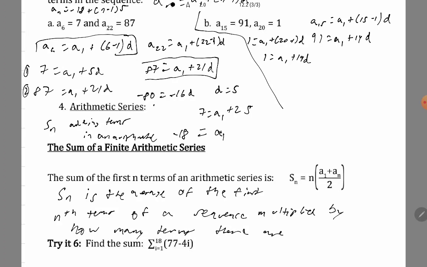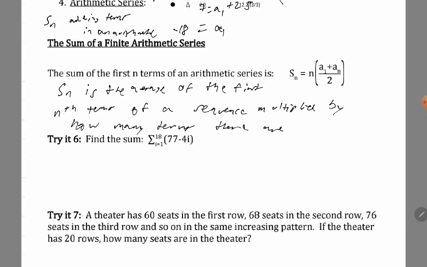So you add the first term and the last term, you find the average by dividing by 2, and then you multiply by how many there are. And that's how you find the sum of the finite series. So you need to know the last term, you need to know the first term, and you need to know how many terms there are.